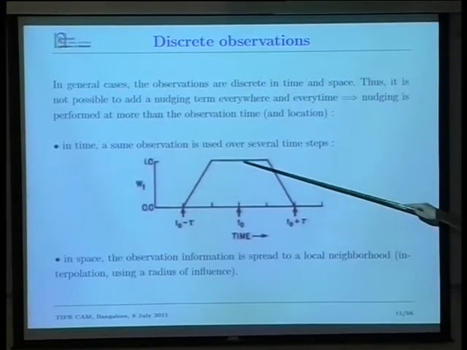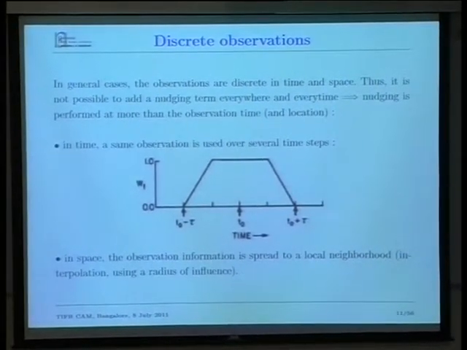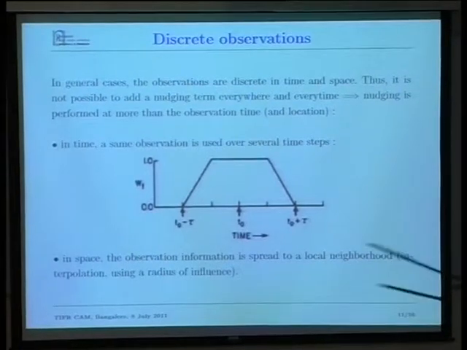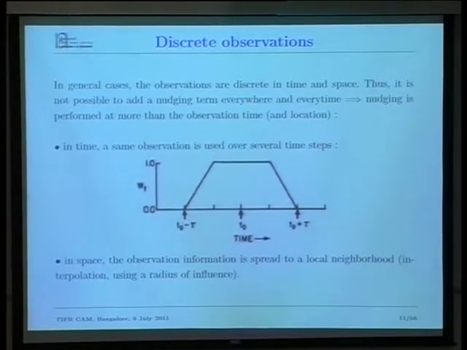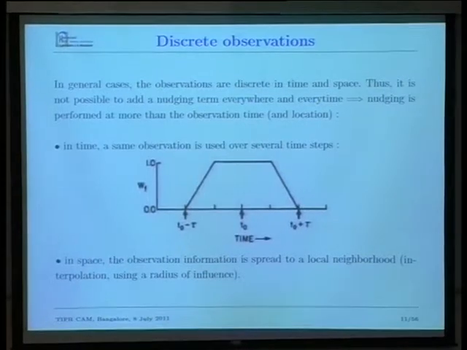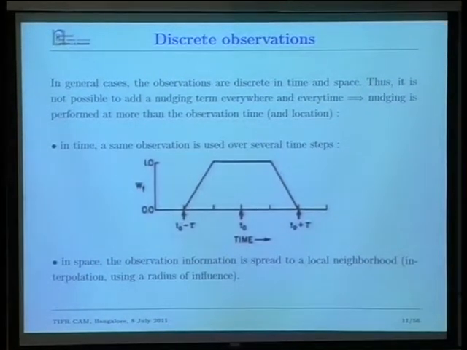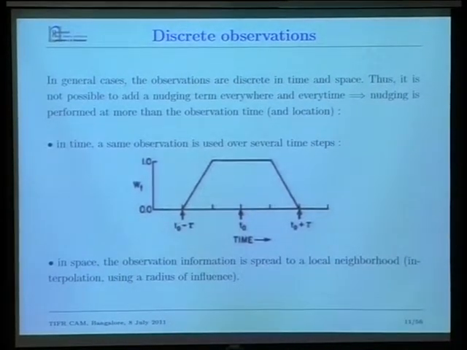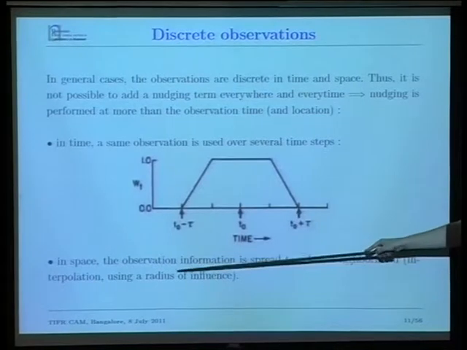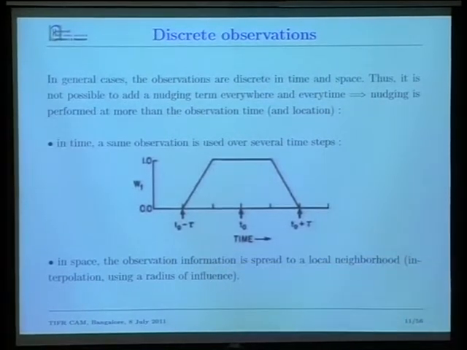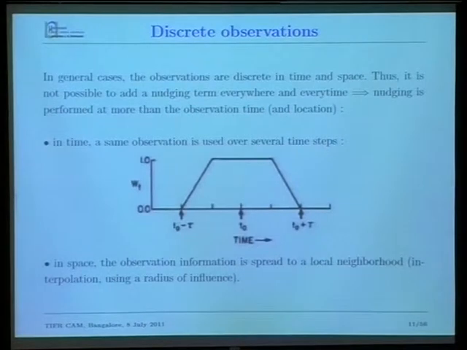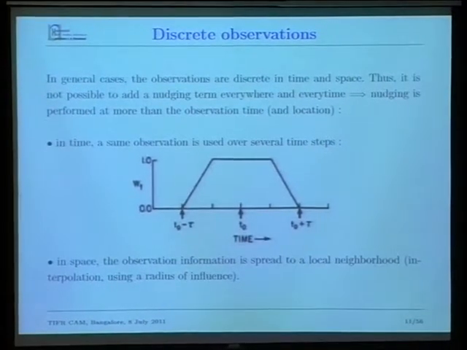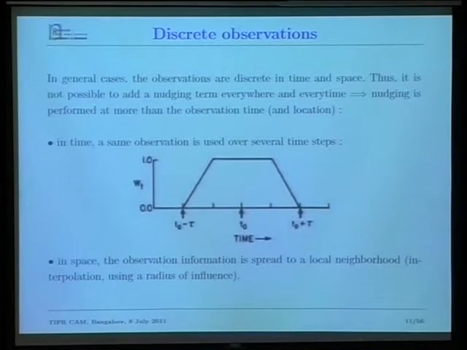Or you can use a Gaussian to have something very smooth. And in space, the observation is also spread to a local neighborhood of the observation. For instance, still using a Gaussian, you can use different radii of influence for the different observations. And at the end, the nudging term you add is very smooth in time and space, and you use it over several time steps and several grid points.